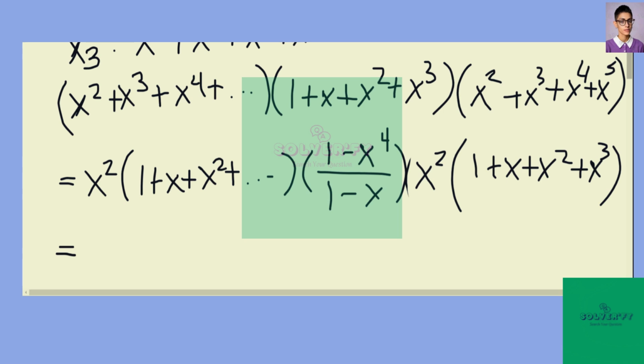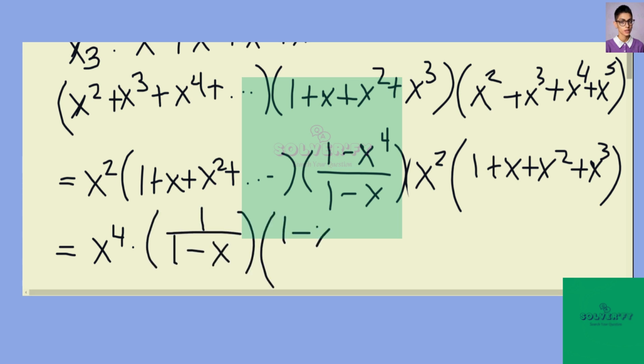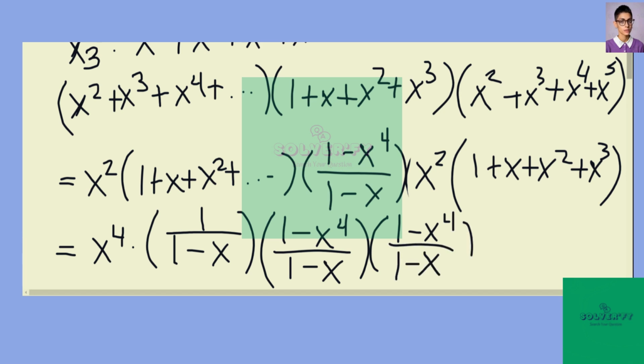Pulling out an x to the fourth, this is x to the fourth times 1 over 1 minus x, times 1 minus x to the fourth over 1 minus x, times 1 minus x to the fourth over 1 minus x.